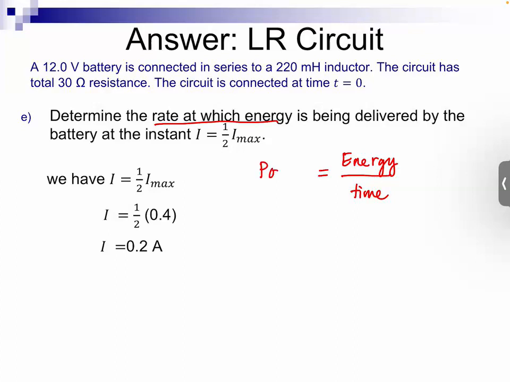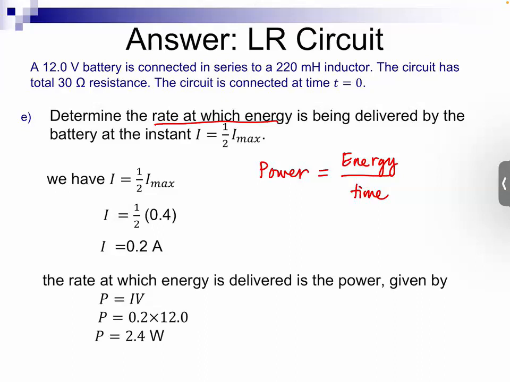It is power, right? The definition of power is how quickly energy is being used up, or in this case, how quickly energy is being delivered by the battery to the inductor. So in other words, we want to find the power. We know the current.